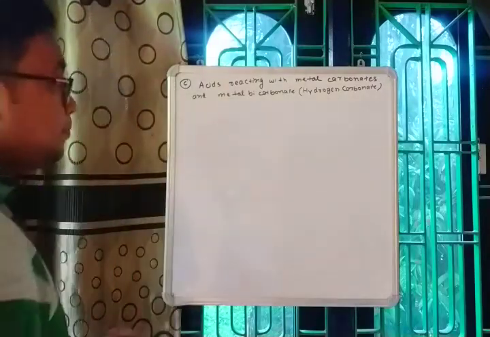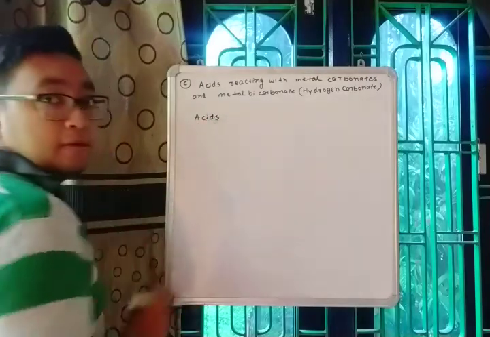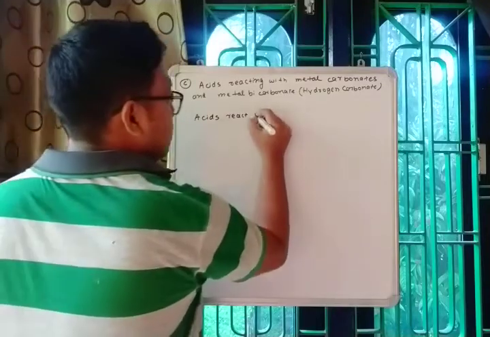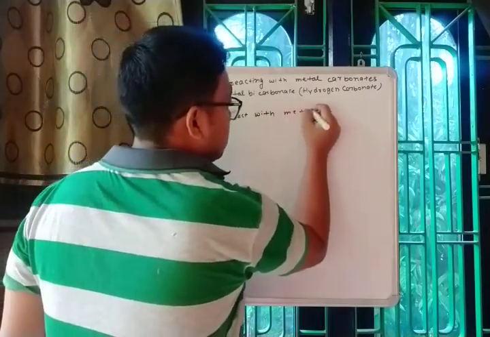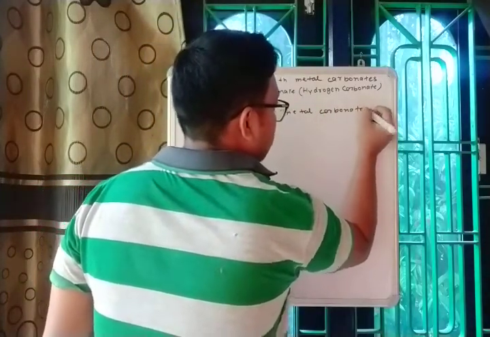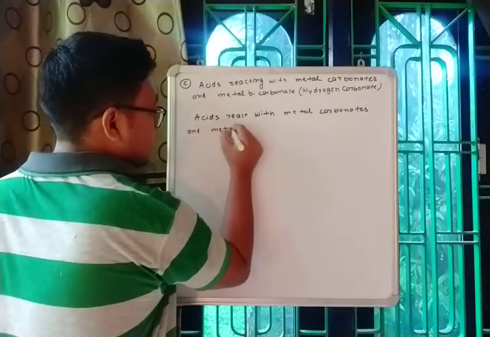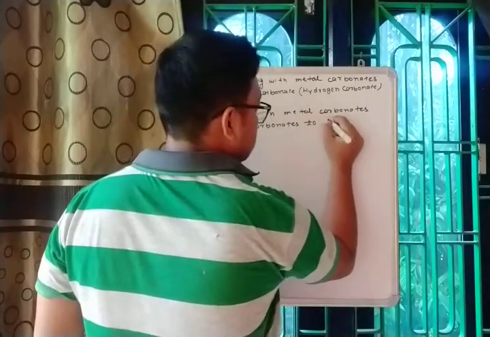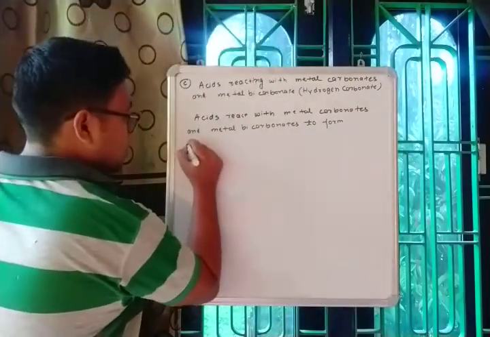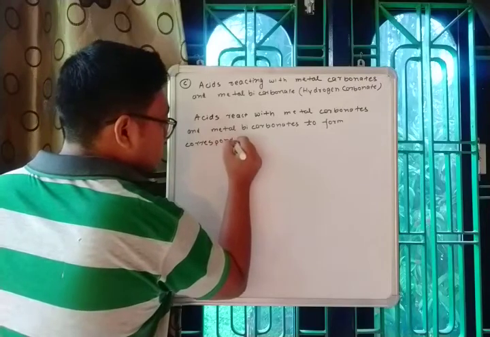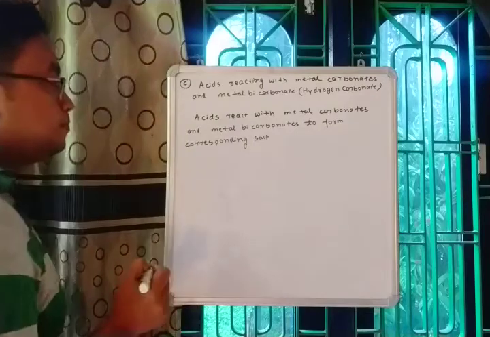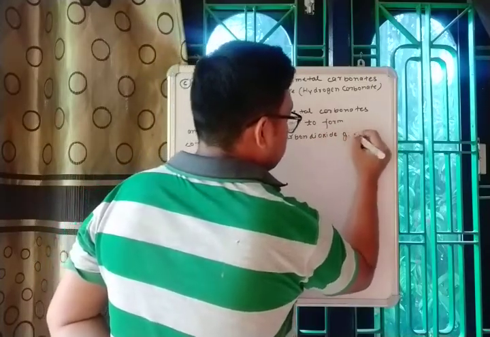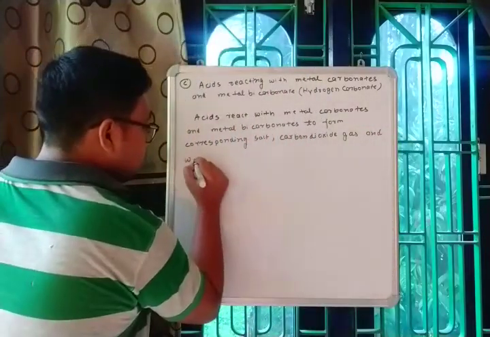So you write down: acids react with metal carbonates and metal bicarbonates to form corresponding salt, carbon dioxide gas and water.